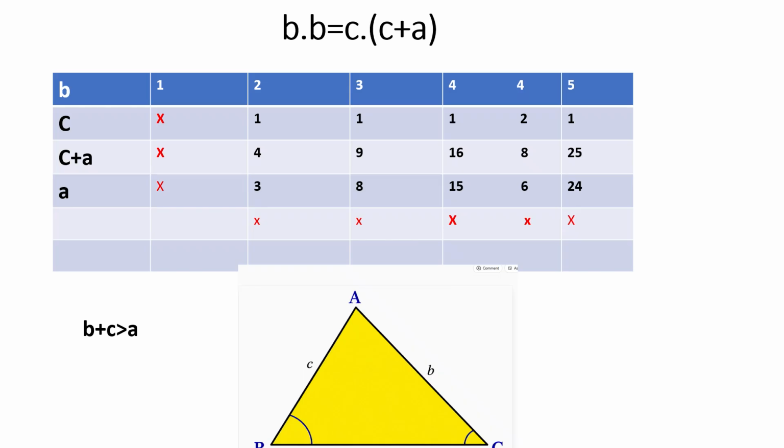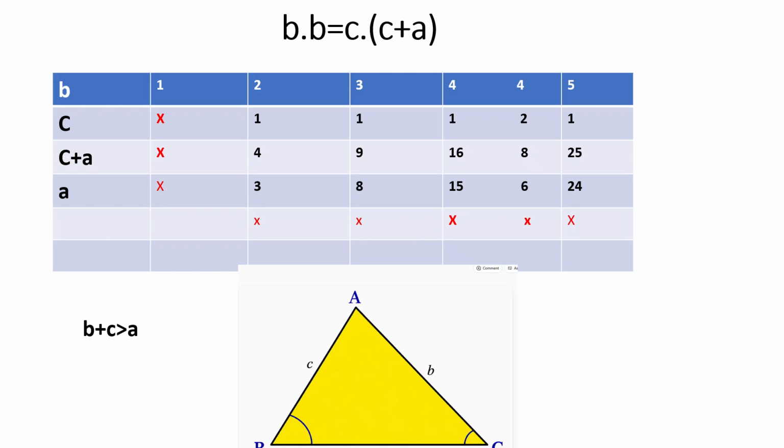The third situation is if b equal to 3. If b equal to 3, b squared would be equal to 9, and since c times c plus a becomes 9, and the least thing which we can have, c is equal to 1, and from there if c equal to 1, a becomes 8, and again 8 plus 1 is not going to be greater than 9, it's going to be equal to 9, so that case is also gone.